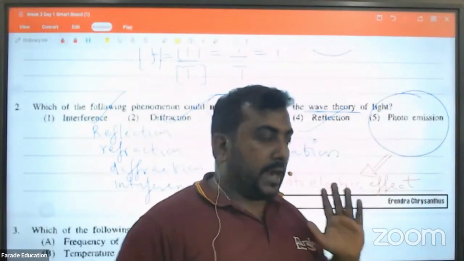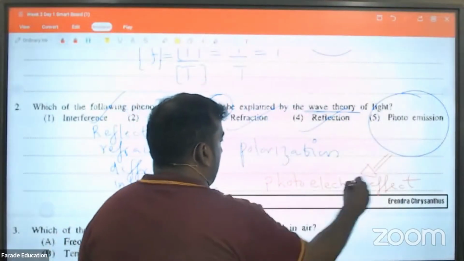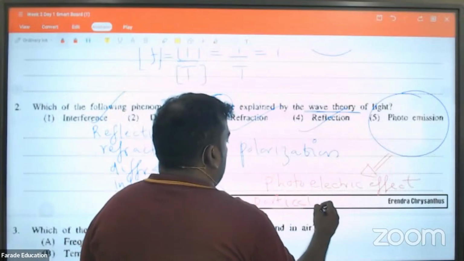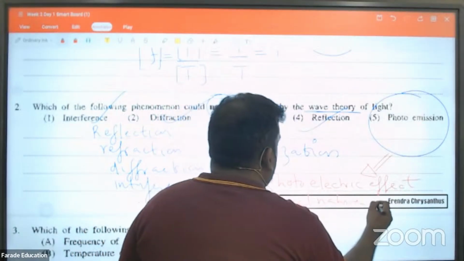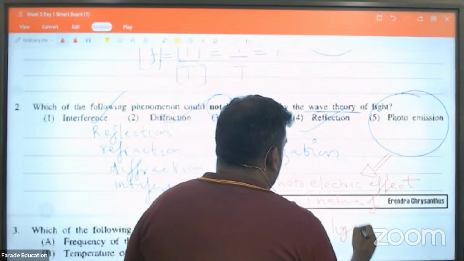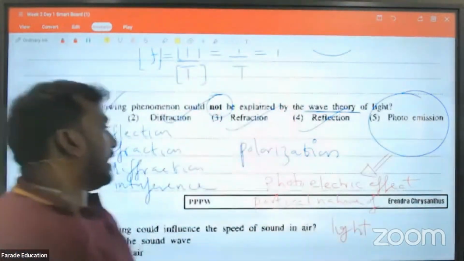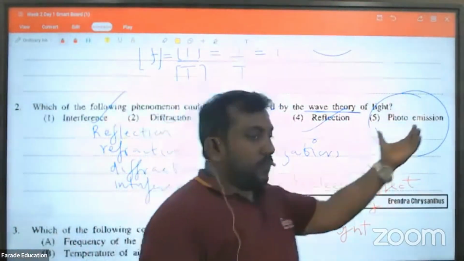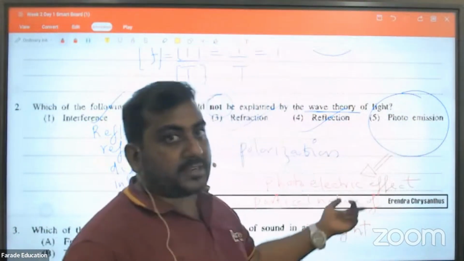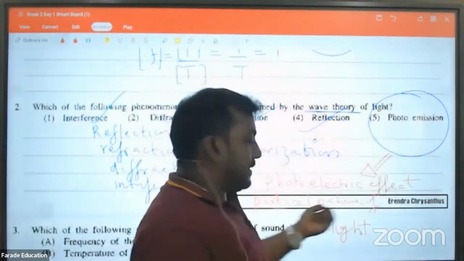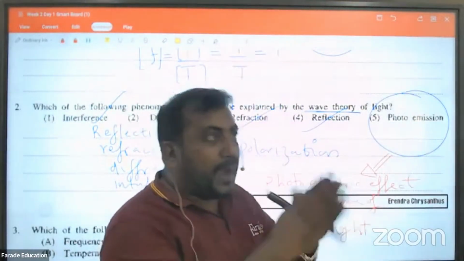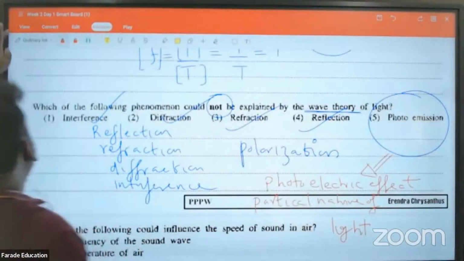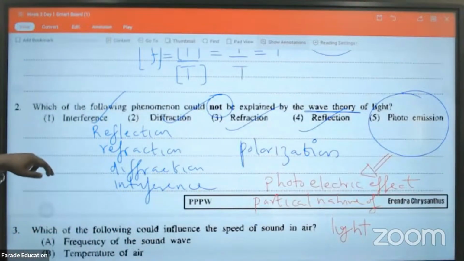So the photoelectric effect is the particle nature of light. In wave theory, we speak about reflection, refraction, diffraction, interference, polarization. Photoelectric effect, photo emission, is in wave particle duality, the particle nature of light. So the correct answer is answer number 5.